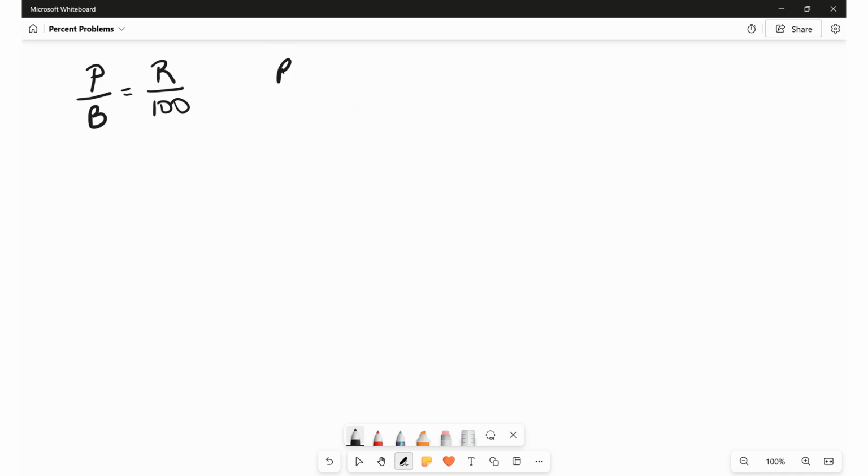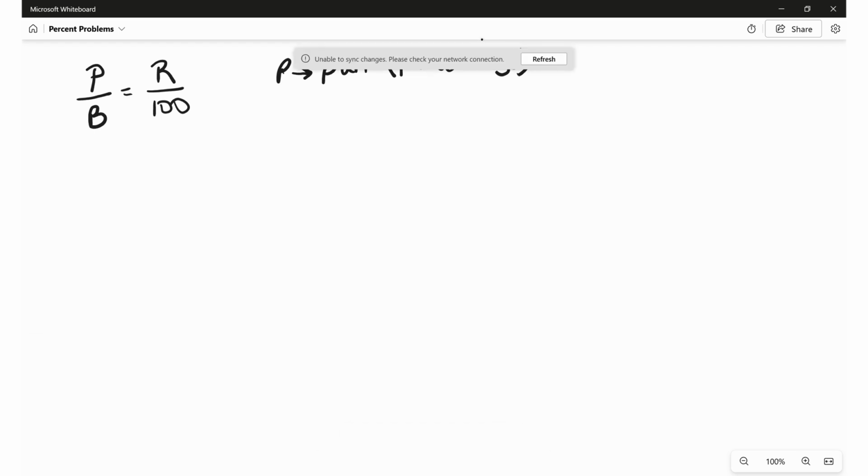So, P is the part. And sometimes you'll see the textbooks call this the percentage. I don't like calling it the percentage because I feel like it can confuse us.